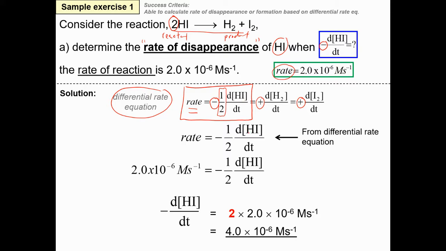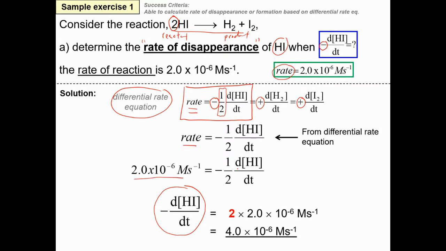Not the rate of disappearance yet, because the rate of disappearance we have to write in terms of negative, where we don't have the coefficient. But from the differential rate equation we know that the rate information is given.